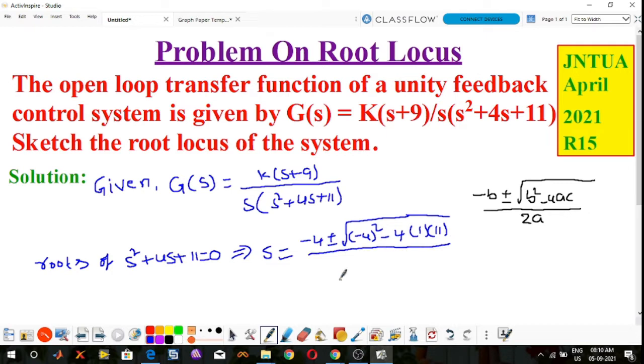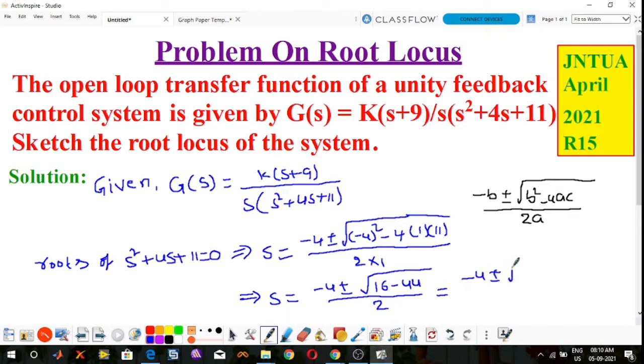That gives s = (-4 ± √(16 - 44)) / 2 = (-4 ± √(-28)) / 2. Since -1 is written as j², the square root gives j, so s = (-4 ± j√28) / 2.